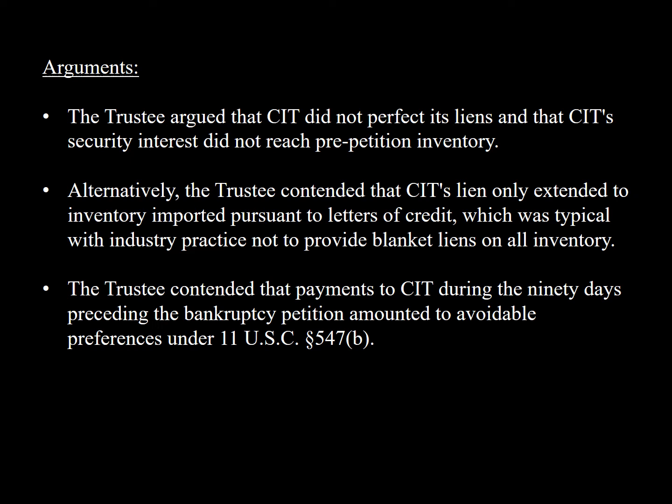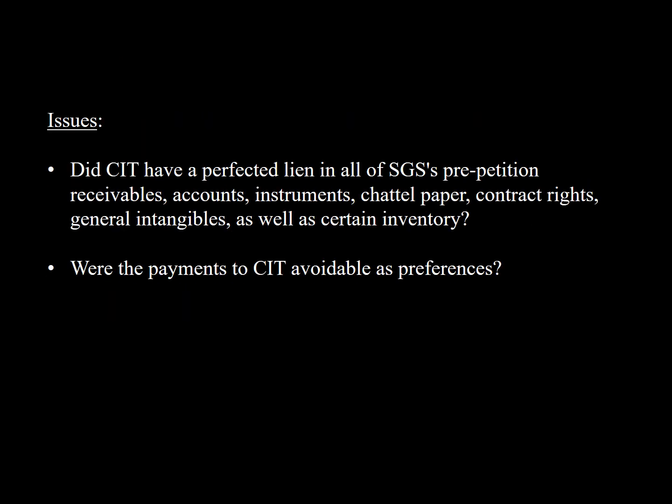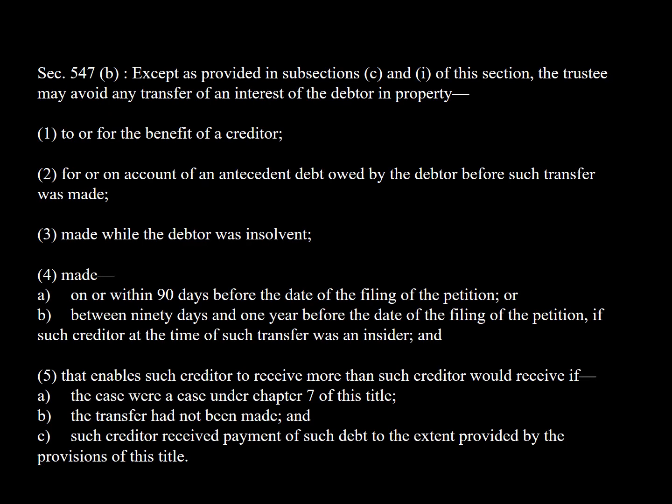And the argument is, if CIT has a valid perfected lien on pre-petition assets, then it can't be subject to a clawback under the preference laws under 547B, and I'll go into why in a second. So that's the issue. That's the statute. The main issue here is 547B5.